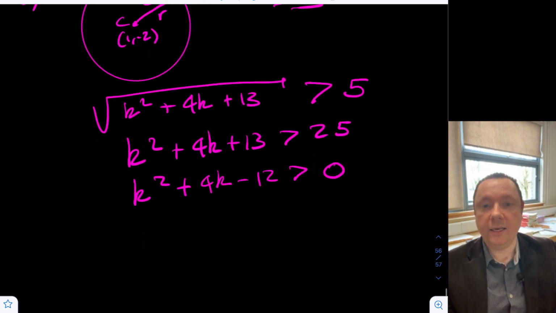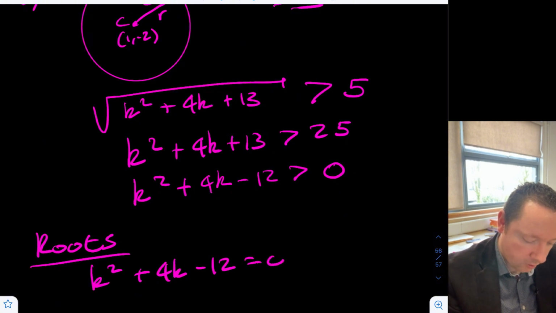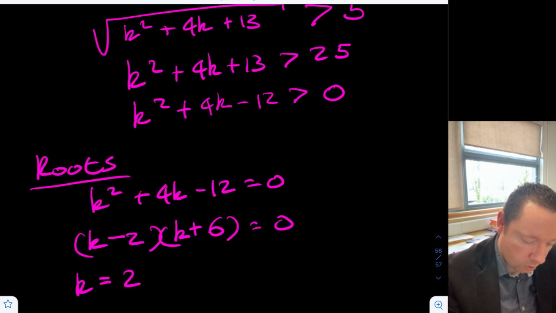And this is a quadratic inequality, so we examine the roots. So looking at our roots, we've got k squared plus 4k minus 12 is equal to 0. Double brackets, we get k and k, 6 and 2, plus 6 minus 2 is 4. So our roots happen at k equal to 2, or k equals minus 6.